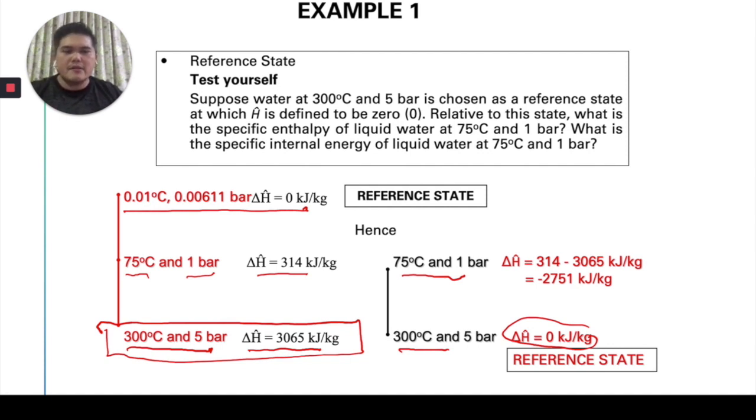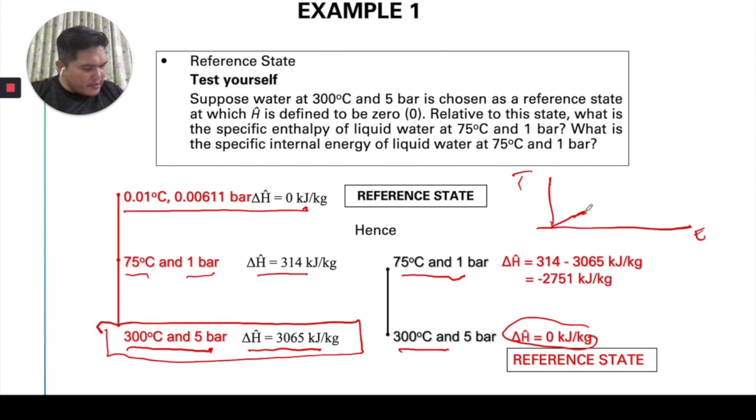If you remember the graph that I shared in the previous video, enthalpy increases with temperature. So if this is temperature and this is enthalpy, it will increase with temperature.